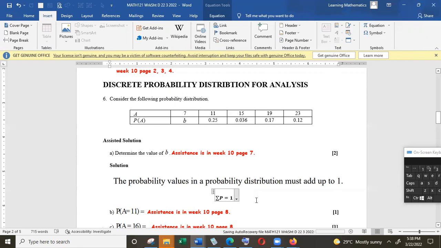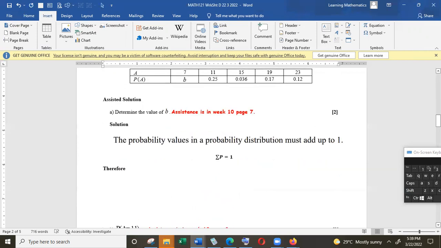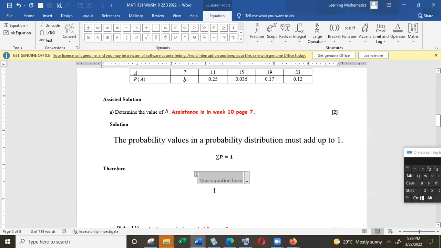So therefore, B plus 0.25 plus 0.036 plus 0.17 plus 0.12 must equal 1.